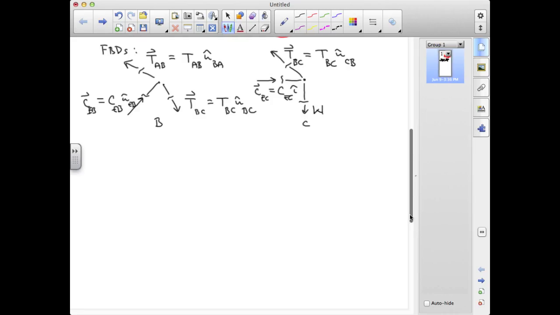Note that once we find the magnitude of the tension in BC from examining joint C, we'll be able to carry that information over to joint B. But for now, it would be better for us to focus on joint C.